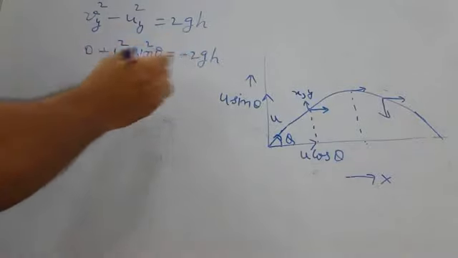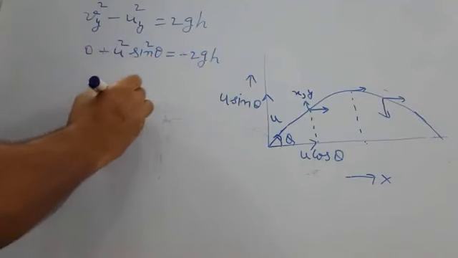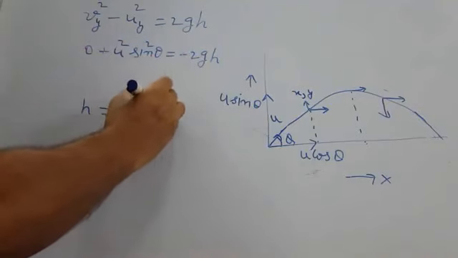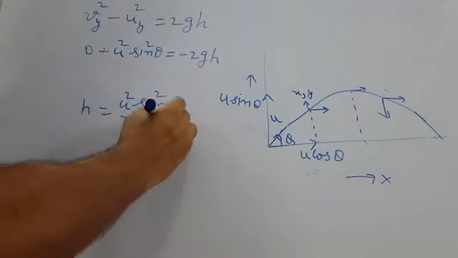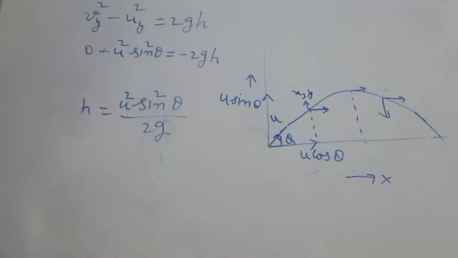This negative sign will be cancelled, so h will be u square sine square theta upon 2g. That will be the maximum height, or you can say the height of this projectile.